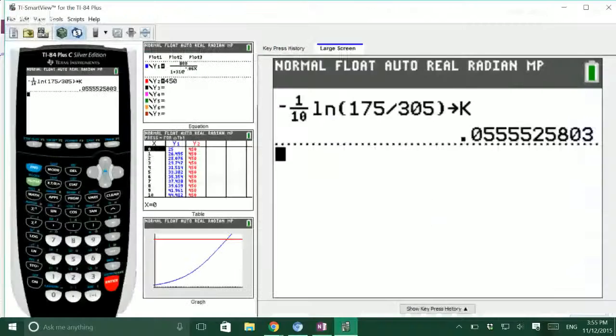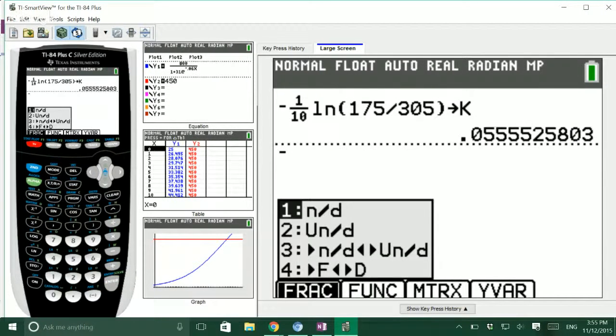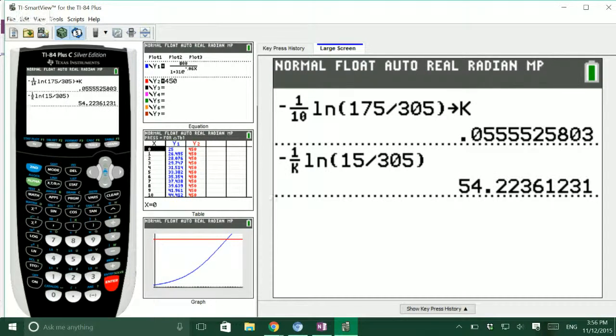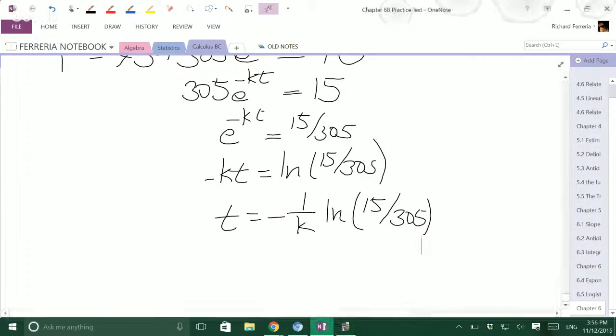Okay, so we got negative 1 over k natural log of 15 over 305. And that gives me the answer, 54.222. But wait, there's more.